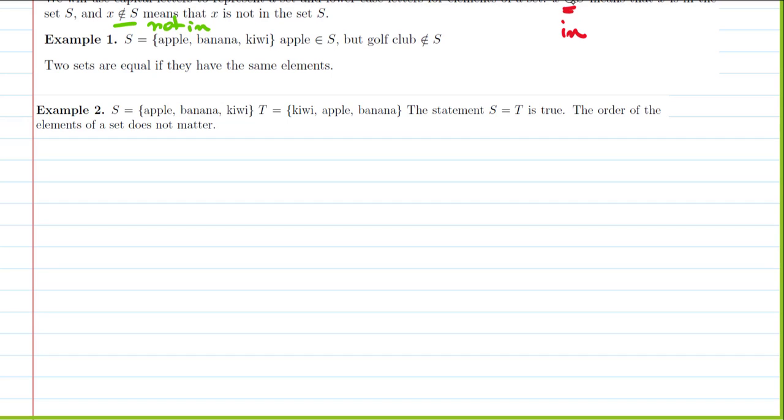All we're saying is for 2 sets to be equal, they have to have exactly the same elements. The order that they are listed in is not important. So the set S and the set T are the same set, because they both contain 3 elements, and those 3 elements are apple, banana, and kiwi.